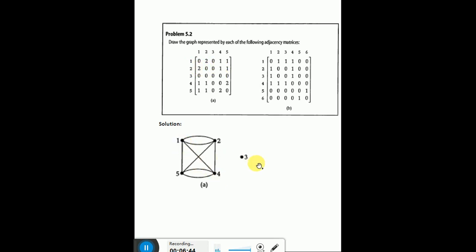There is no edge between 1 and 3, so we place 0. And 1 is joined with 5 by a single edge. In a similar way, 2 is joined with 1 by 2 edges, 2 is joined with 4 by 1 edge, and 2 is joined with 5 by 1 edge.